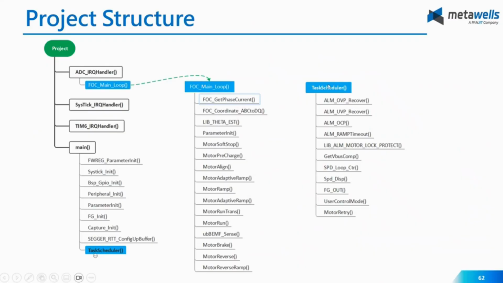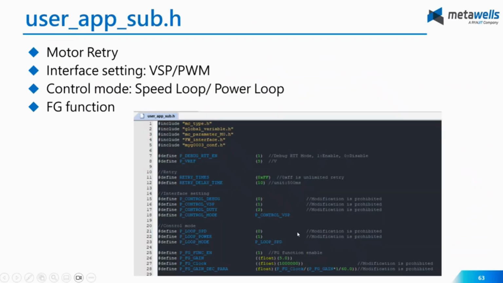You can see here protection features, OVP, OCP, and timeout. And you can also see some speed loop control and motor retry function here. So for detailed functions, please refer to the diagram here.